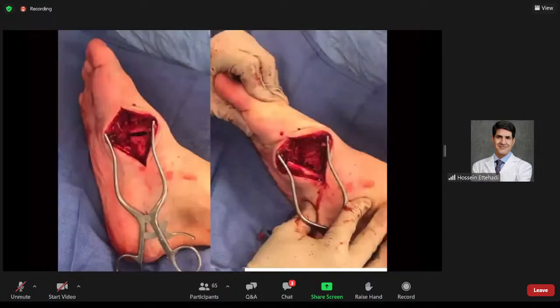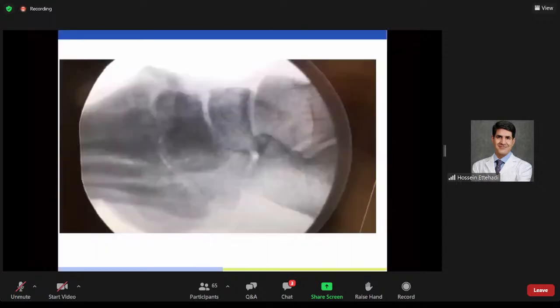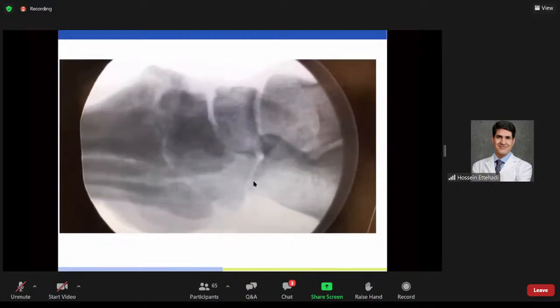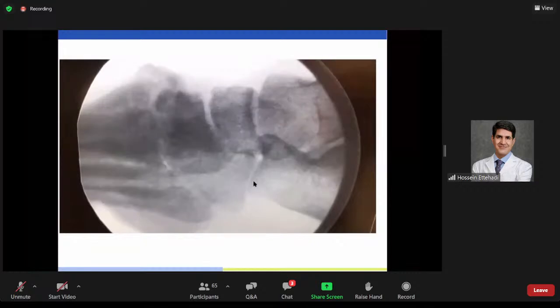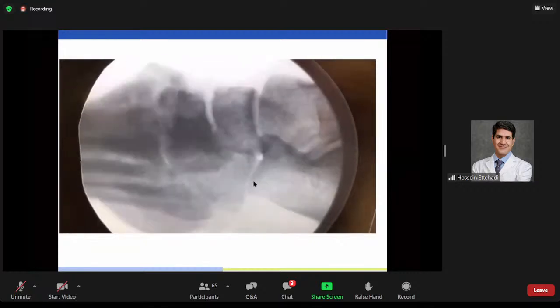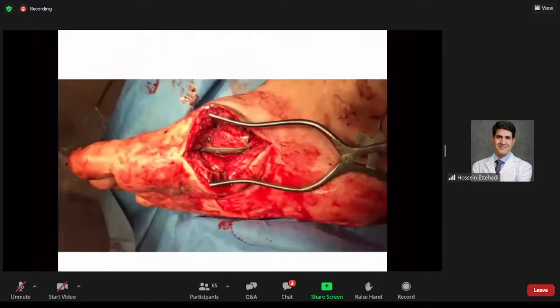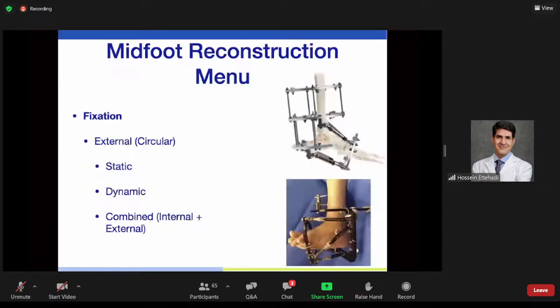We have a wedge osteotomy for correction of the midfoot Charcot, and here we can see fluoroscopic images of how we correct this by means of only osteotomy of the first metatarsal, and we did internal fixation with a plate and 2 cross screws.